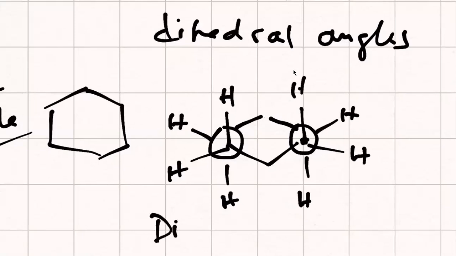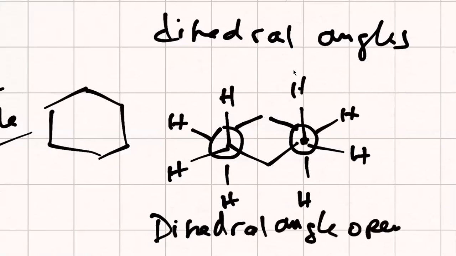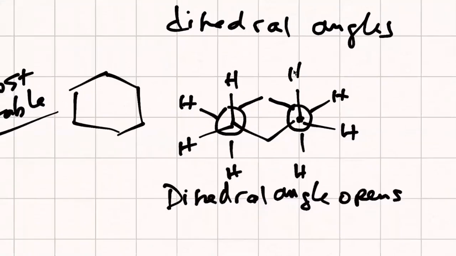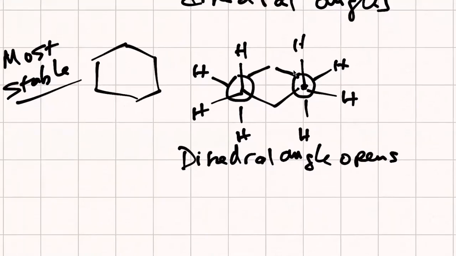So the dihedral angle opens way up. And so that larger dihedral angle is going to result in more stability for that 6-membered ring.